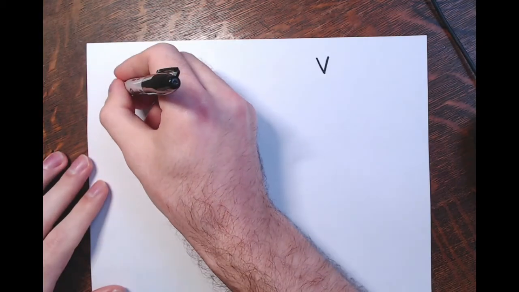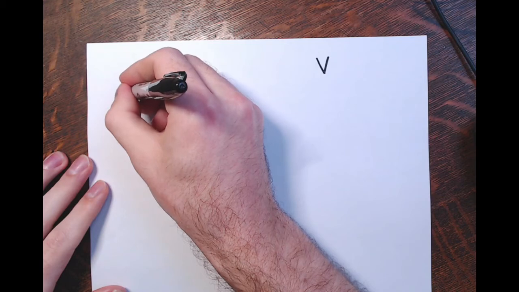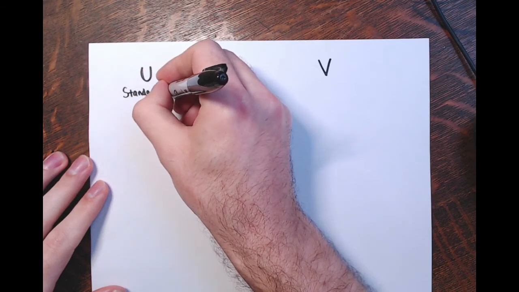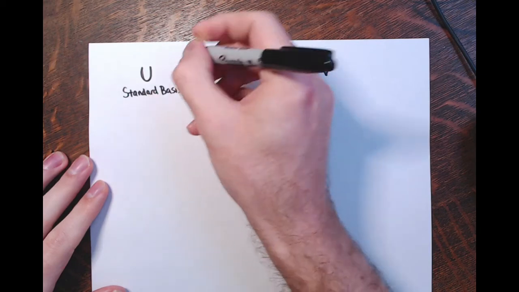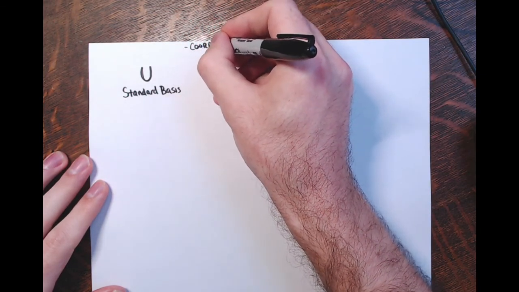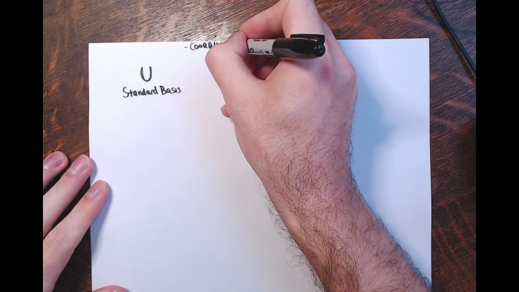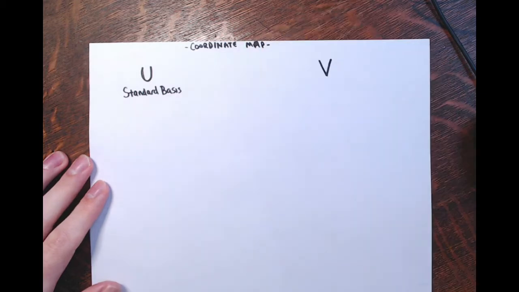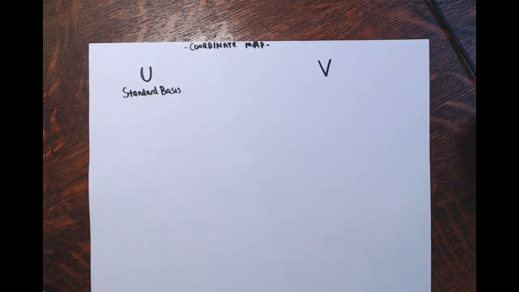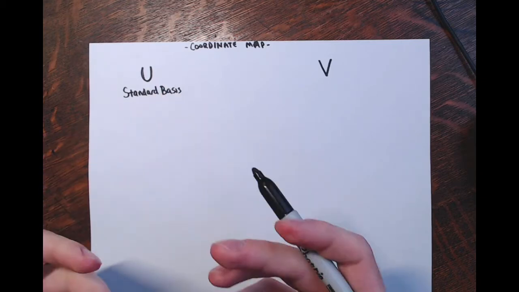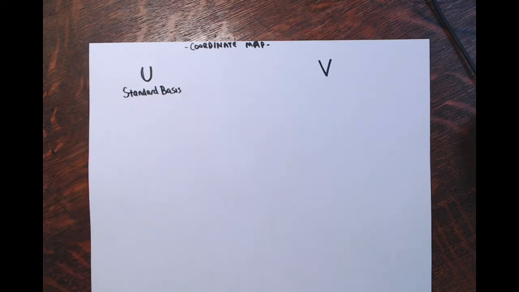And if we're looking at vectors from U with their coordinates, I'll call this a coordinate map here, because everything I mention, when I mention the standard basis or some other basis, I want to write all my stuff as coordinates relative to that basis.